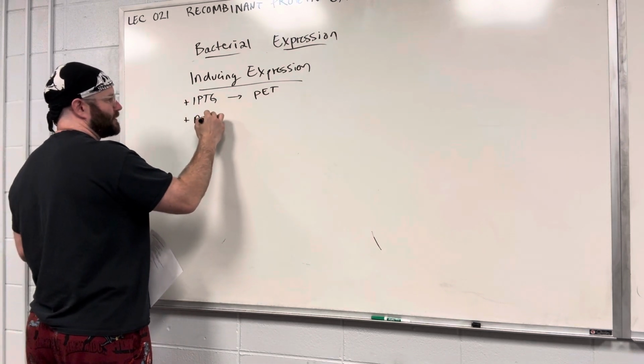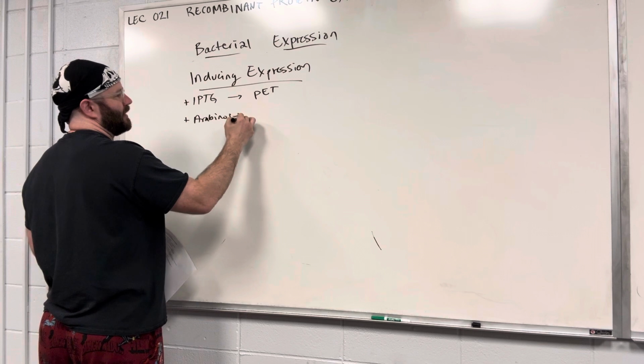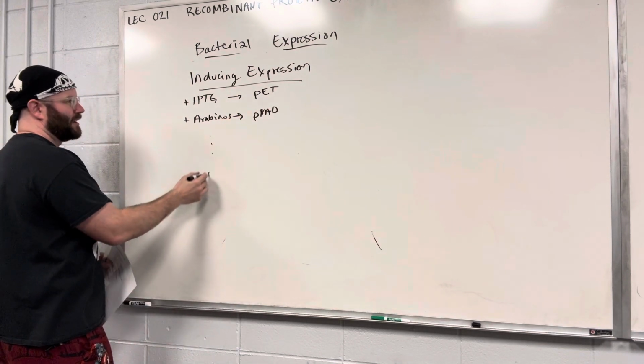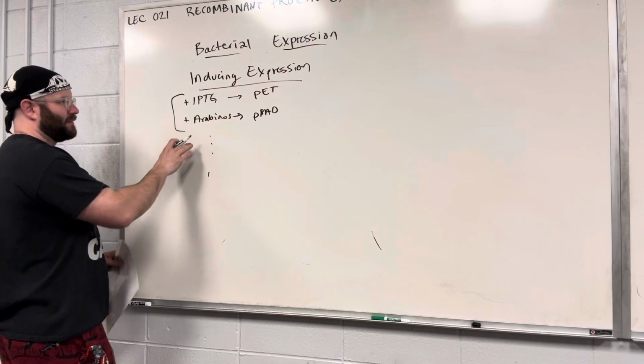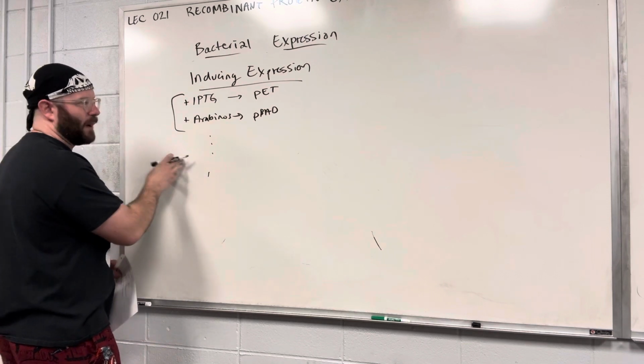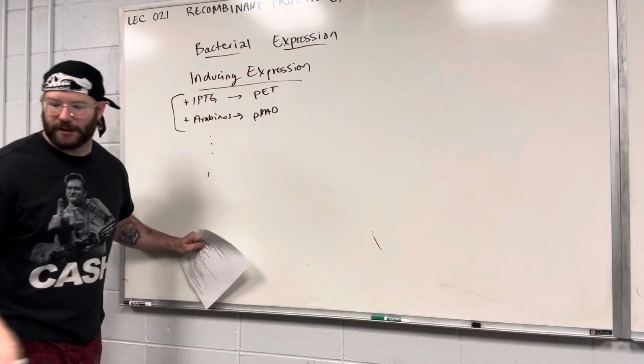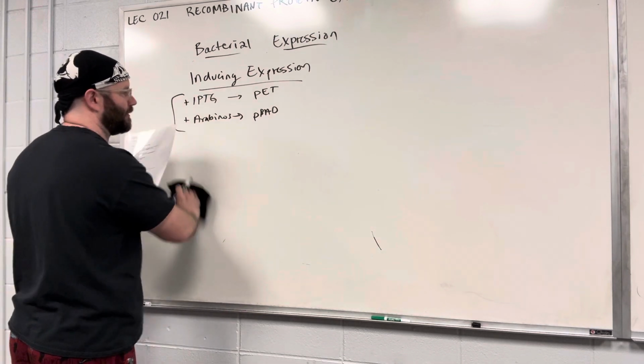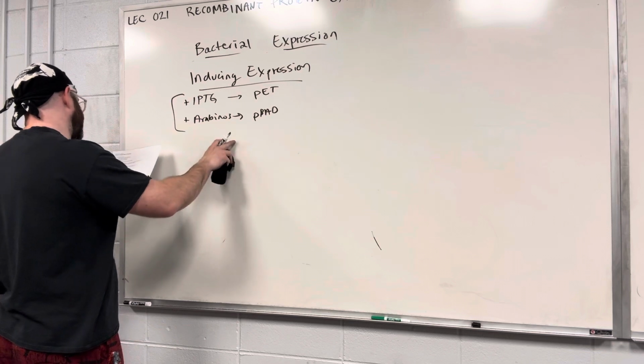Also, there's arabinose. That's typically compatible with the PBAD. There are others, but in my experience, these are the most frequently used. PETs are very common, extremely popular, and the PBAD is particularly popular in my lab and in other labs that I work with. So these are common ones.